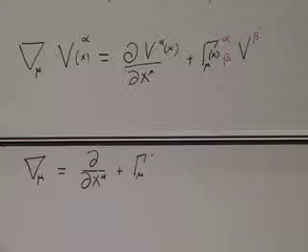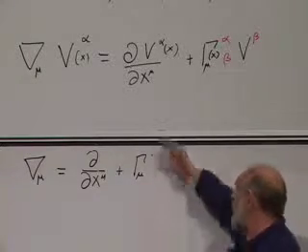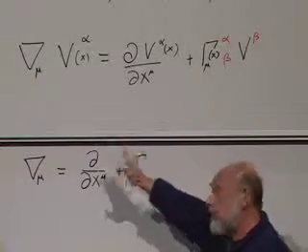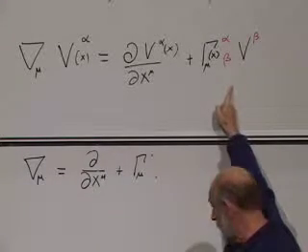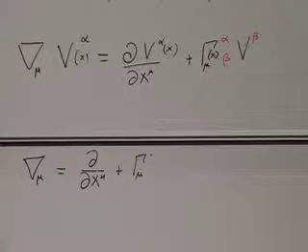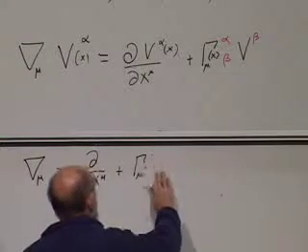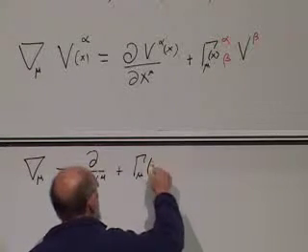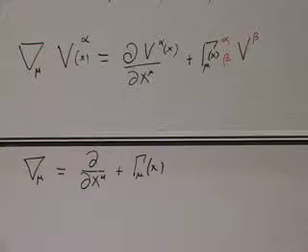So that's a little notational device which summarizes what's written up here, but when you act on a vector to find out what del mu does, it does exactly what's written here. All right. And remember now that gamma mu is a function of x, but it also has the 2 hidden indices there.